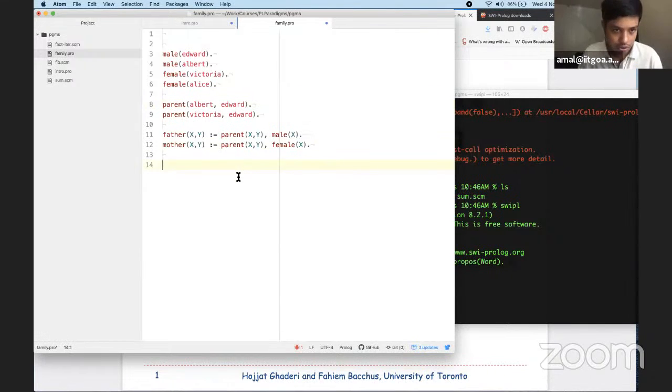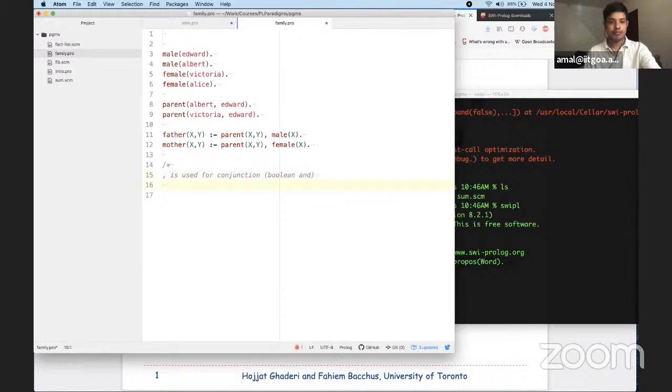Now I'm describing a rule. What is the rule? It says that X is a father of Y if X is a parent of Y and X is male. Comma is used for conjunction, or Boolean AND.